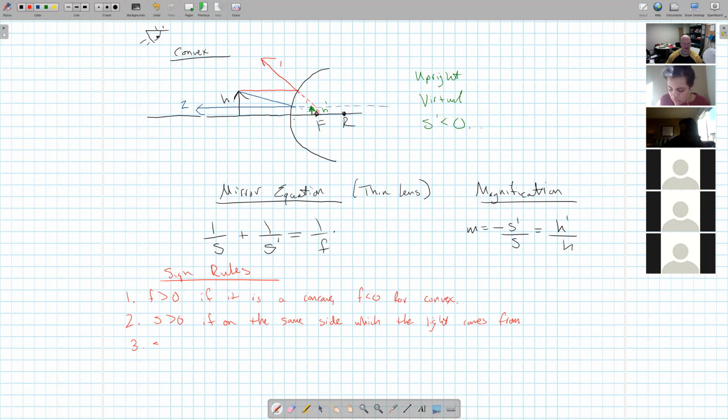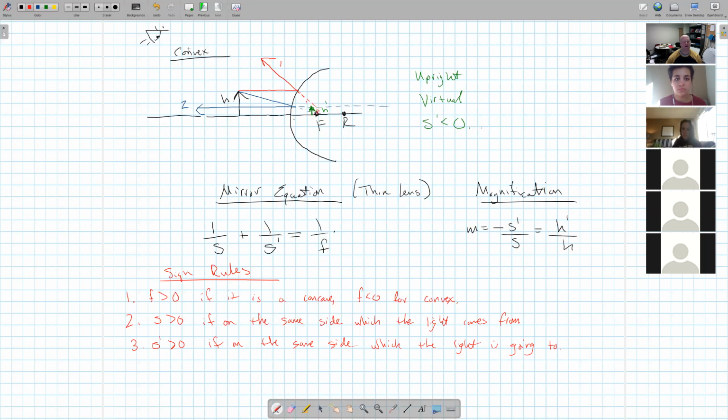Sign rule number 3, S prime will be positive if on the same side to which the light is going. So here, this is a negative S prime because the light hits and reflects, and the light starts on the left, goes to the right, but then ends up back on the left because now it's moving from right to left.